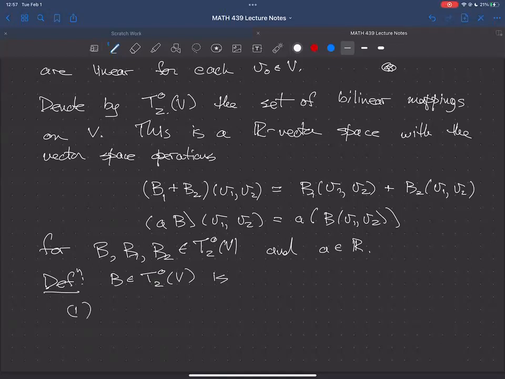There are multiple kinds of attributes that you can give to bilinear mappings that are going to be important. One is symmetry. So symmetric, and that has the obvious meaning.